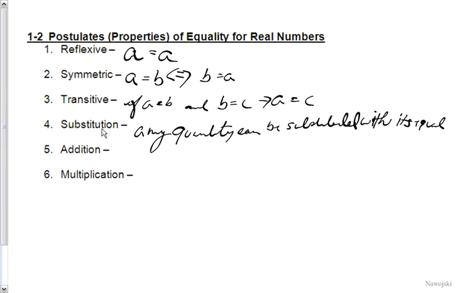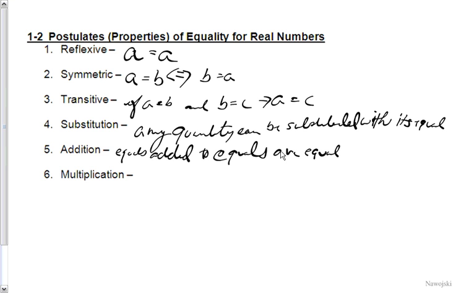Okay, the addition property says equals added to equals are equal. We don't have a subtraction postulate because we all know that subtraction is really addition, but just with negative numbers. Right.